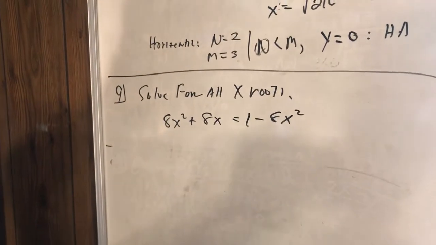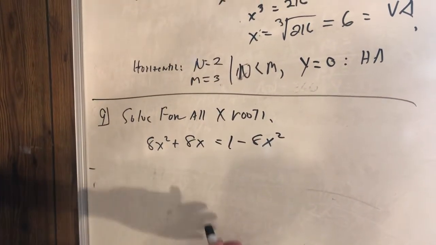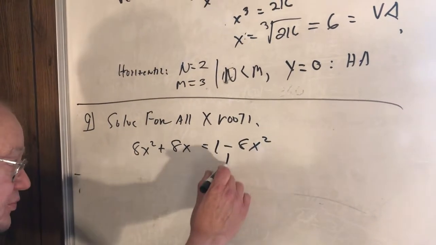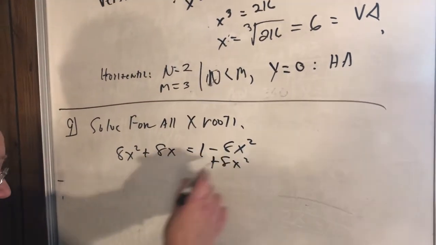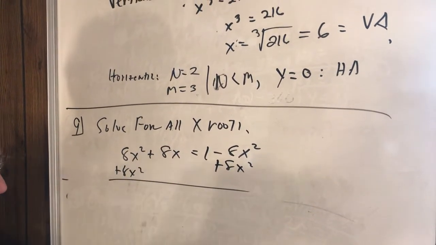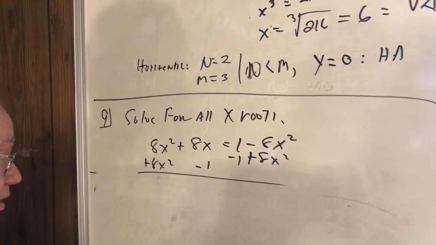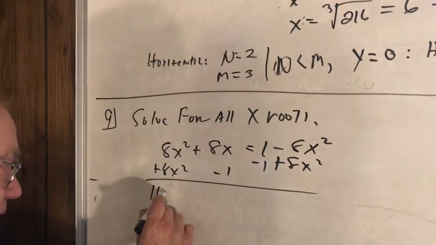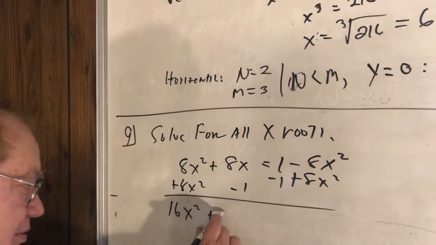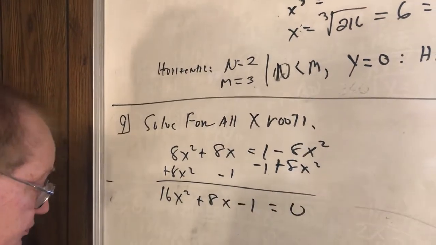Now the tendency here is to cross these out. It's not. When you bring the 8x squared over, you have to add it. And I'm going to bring the minus 1 over here too. So you've got 16x squared plus 8x minus 1 equals 0.